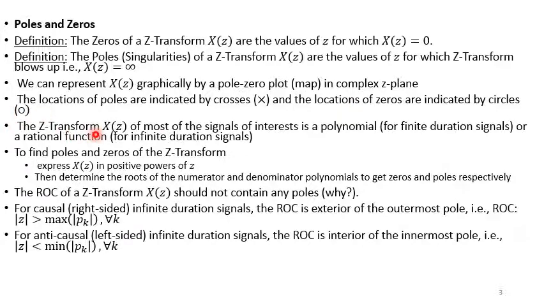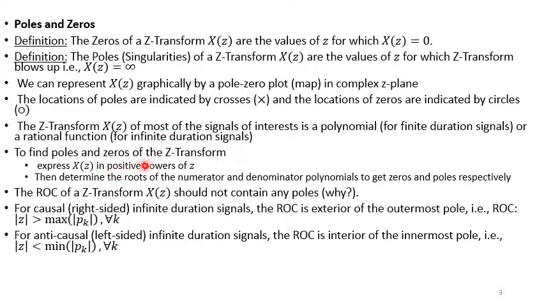The Z transform of most signals of interest is a polynomial for finite duration signals, or a rational function for infinite duration signals. You have done examples for both finite and infinite duration signals.